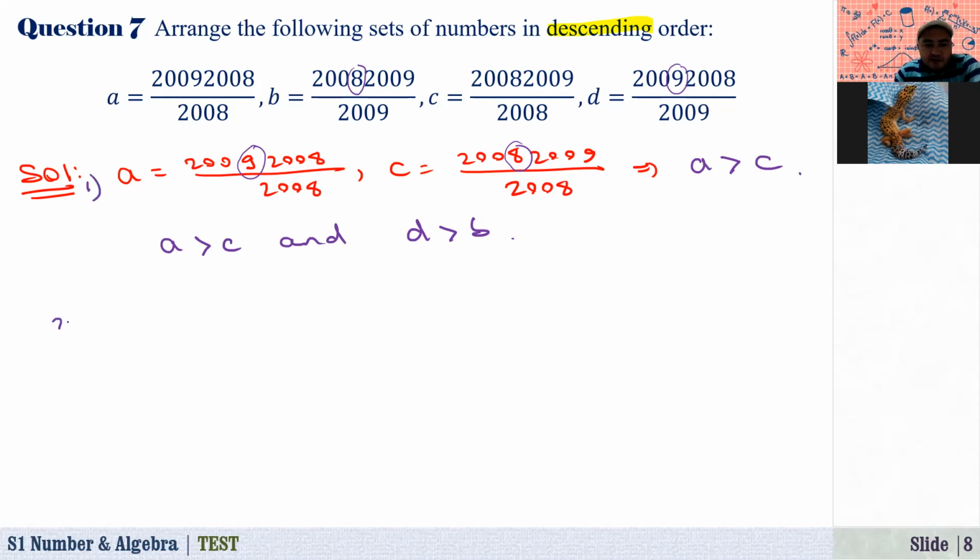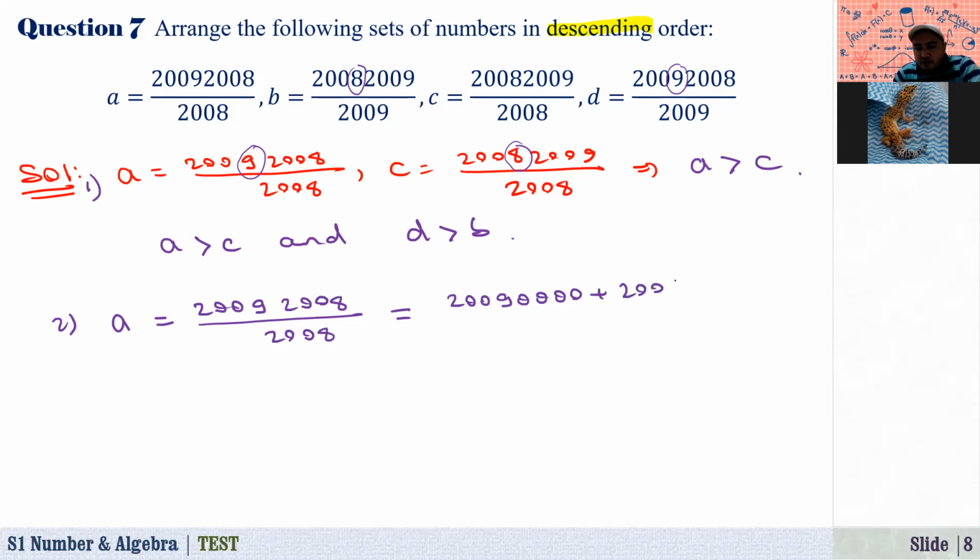Let me compare A and D. A is equal to 2009,2008 over 2008, which I can write as 2008 followed by 4 zeros, plus 2008, over 2008.